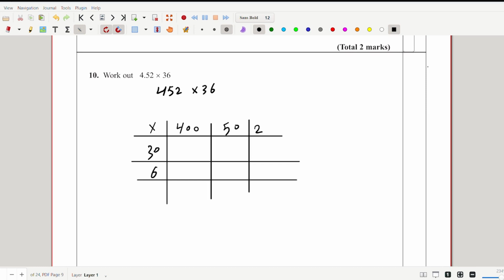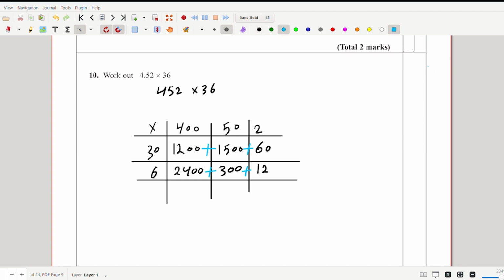Now you can multiply 30 times 400, which is 12,000. Here we'll have 1,500, 60, then 2,400, then 300, then 12. Then you should add all of these numbers.